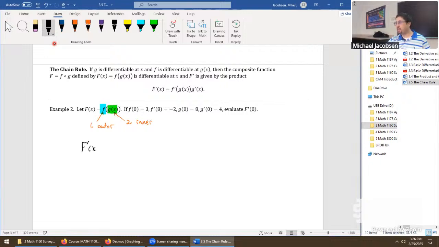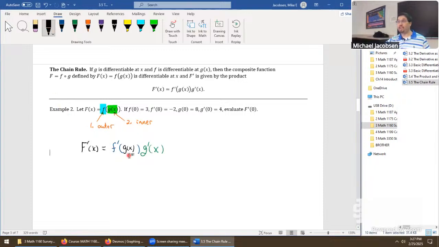So if we go F prime of x, first we differentiate f. It'll look like this: f prime of something. Then we multiply by the derivative of something else. That's the inner function. G prime at something. That something here will just be g prime of x. Over here, g of x itself copies in.